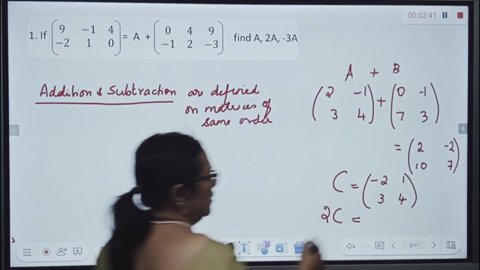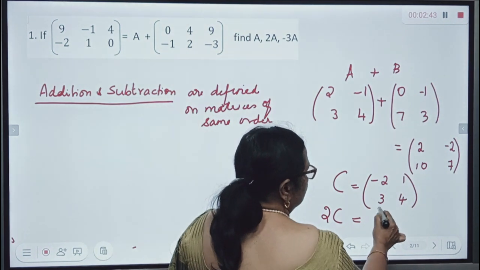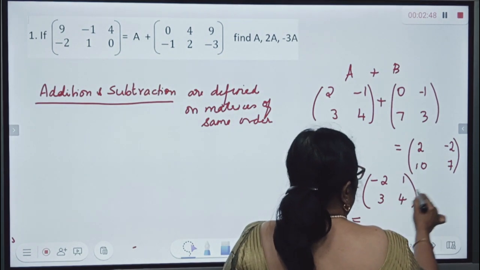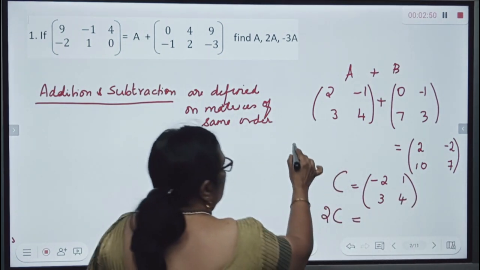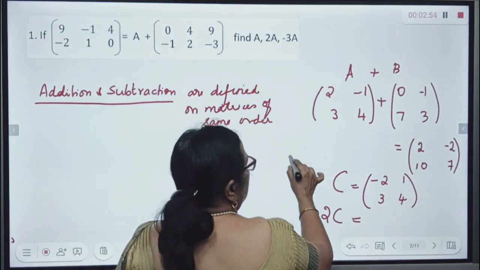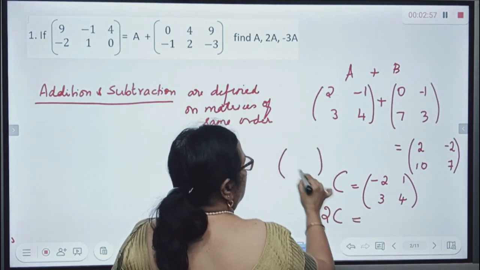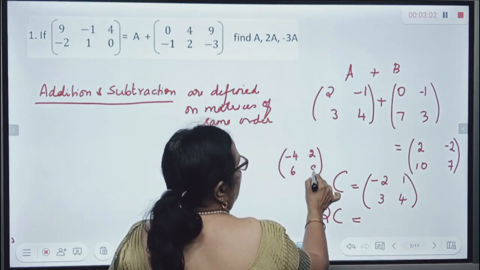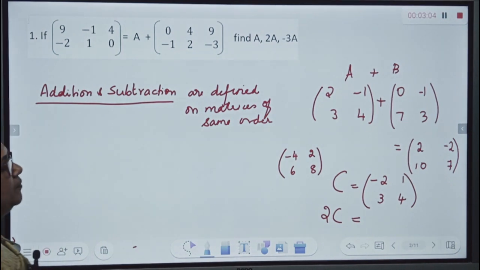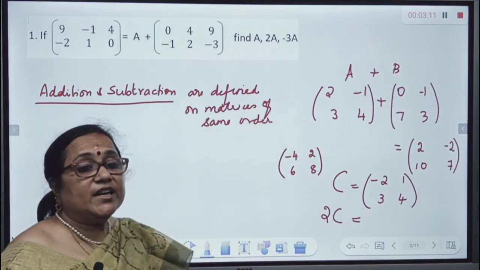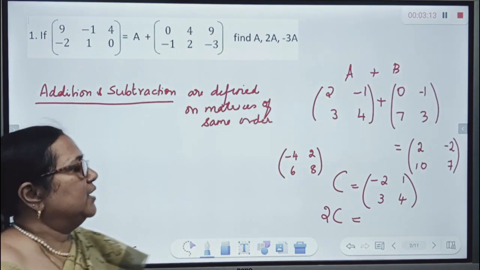So 2C will be minus 4, 2, 6 and 8. I have multiplied every term by 2. So scalar multiplication means for a matrix, every term gets multiplied by that scalar.